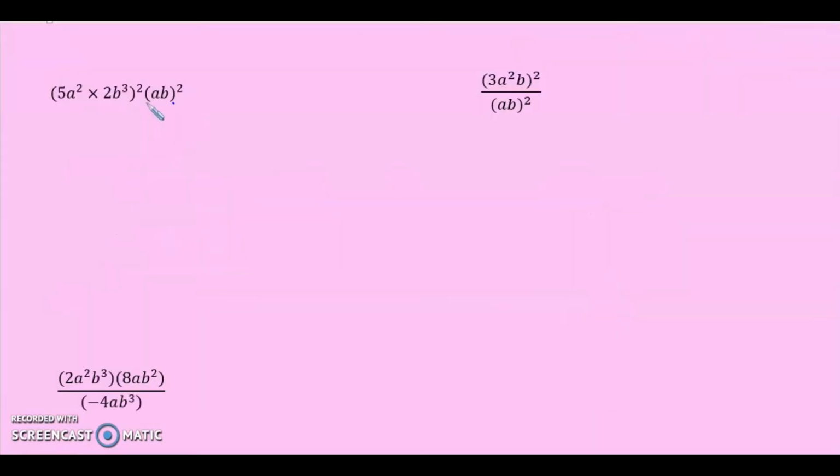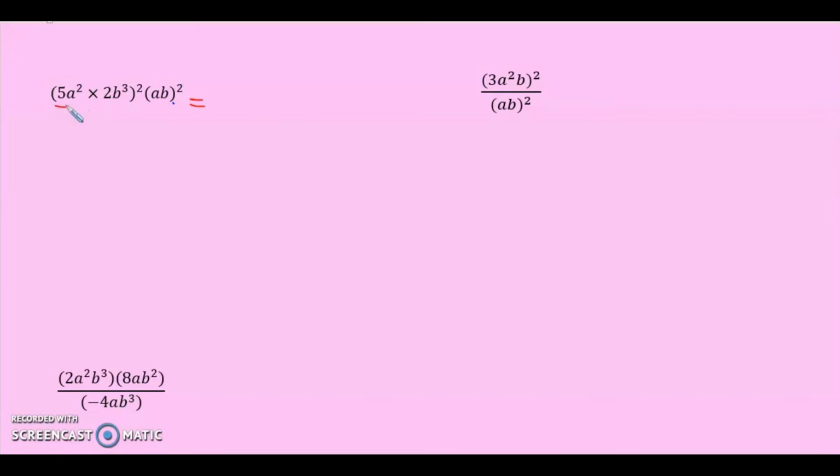Okay, example number 3. In example number 3, as you see, I have an outer exponent and another outer exponent. So as a result, first step, you have to apply this outer exponent inside the bracket. But before that, look at the first bracket. Inside the bracket, you have 2 coefficients. You can simplify inside the bracket by multiplying these 2 coefficients.